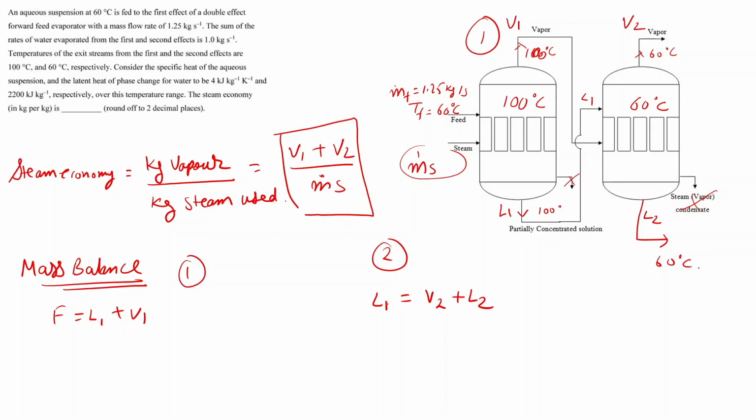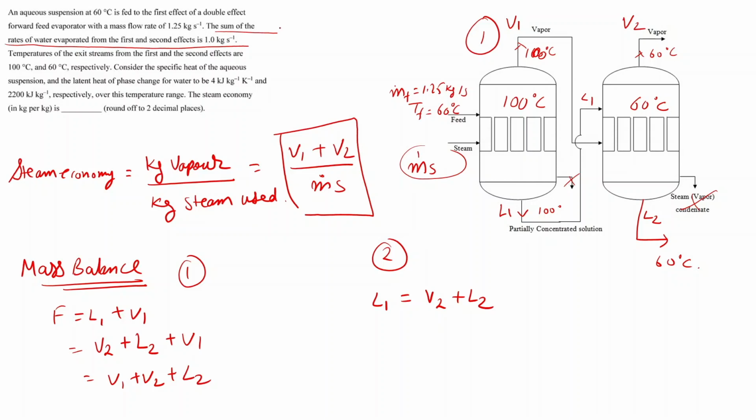Now we can replace this value of L1 in the mass balance for evaporator 1, and we obtain F is equal to V2 plus L2 plus V1. Now in the question we have been given that the sum of the rates of water evaporated from the first and second effect is 1 kg per second.